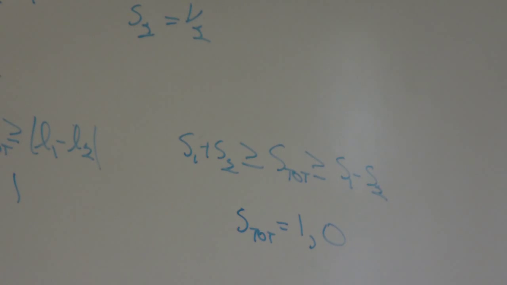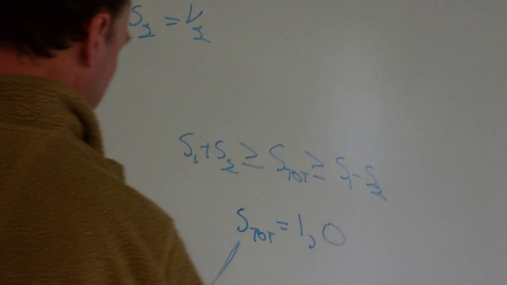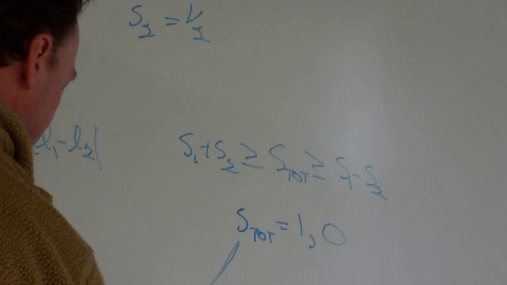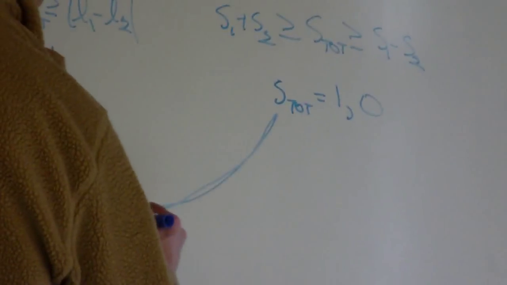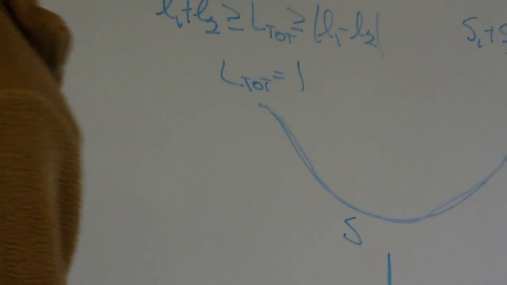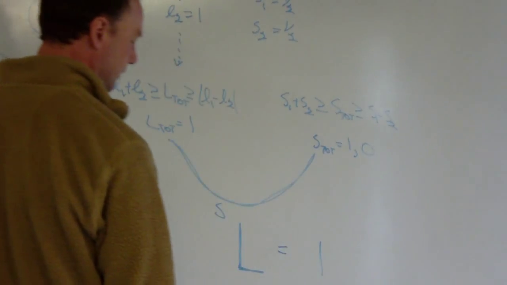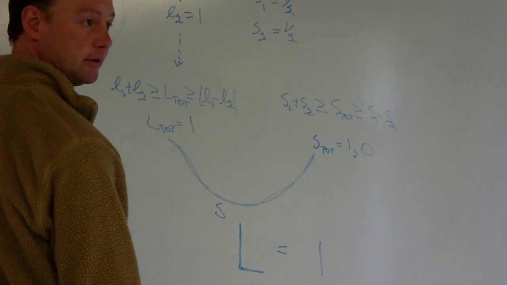Then you take these two possibilities and combine them together. You make a giant state, which is called L, and then S. Here, the only value of L you can have is 1.